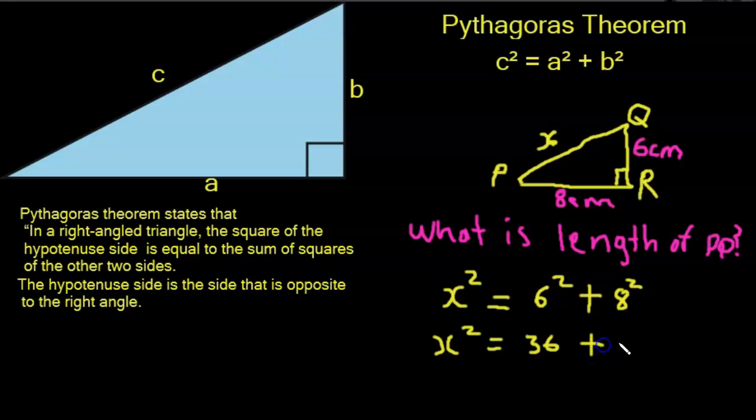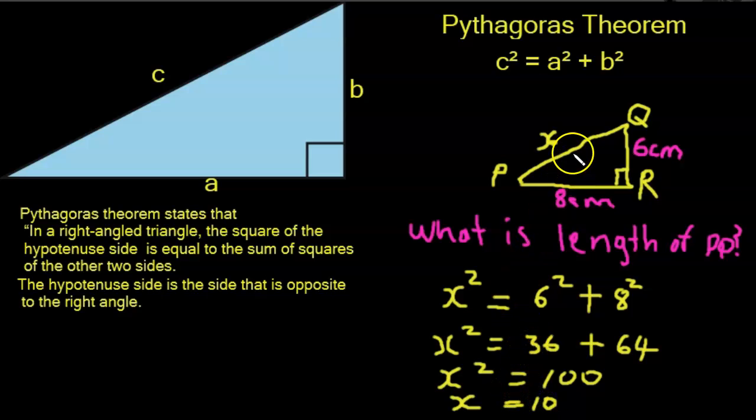And what is 8 square? 64. So x square is equal to 100, 36 plus 64. And to find the value of x, we take the square root of both sides. So the square root of x squared is x, and the square root of 100 is 10.